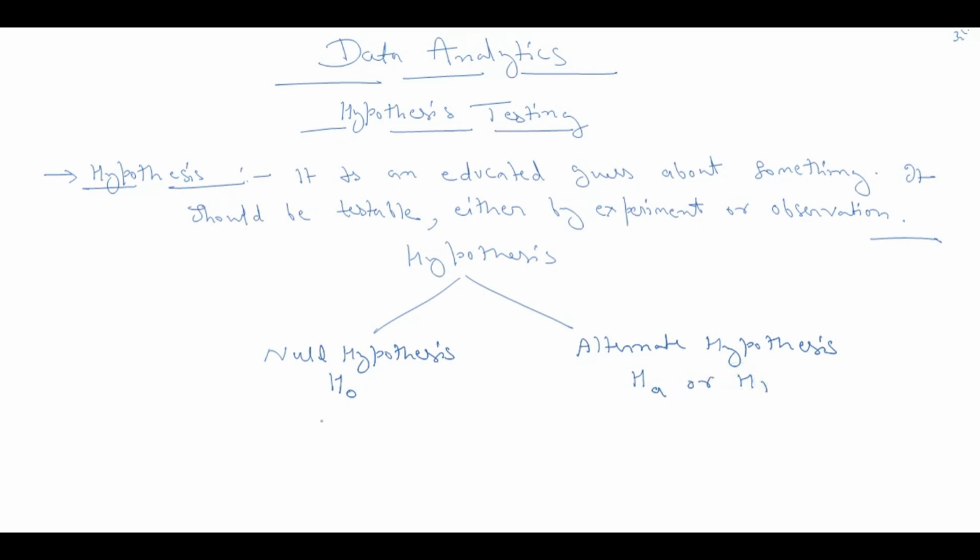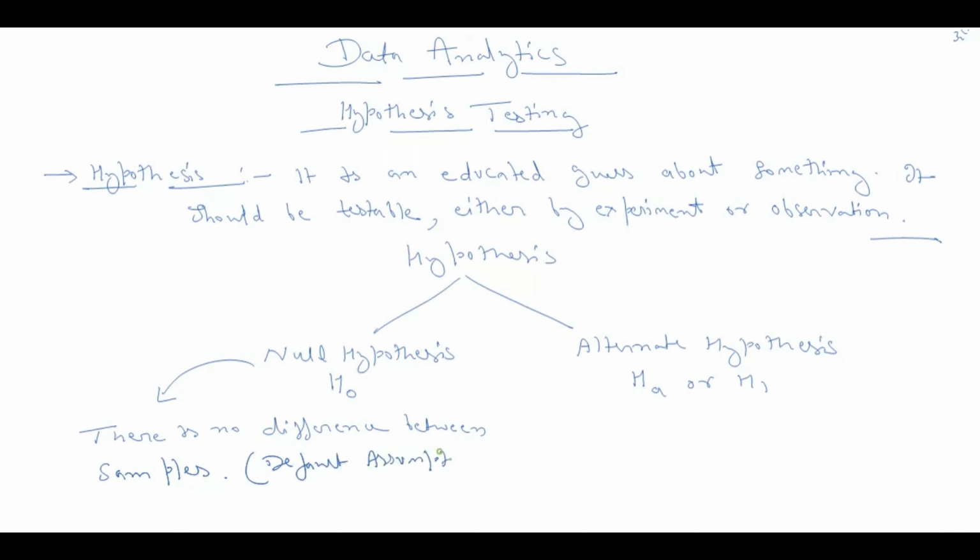So in null hypothesis, we always assume the equality. The common assumption is that there is no difference between samples. This is the default assumption. We can write it like this: sample A is equal to sample B.